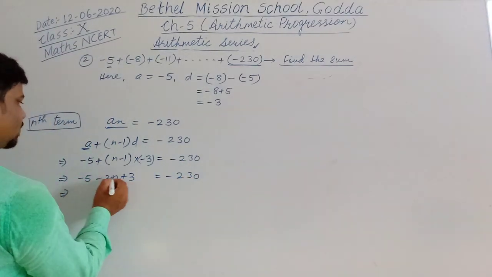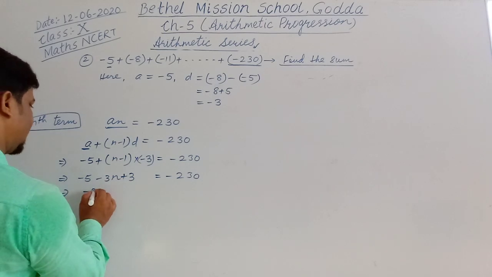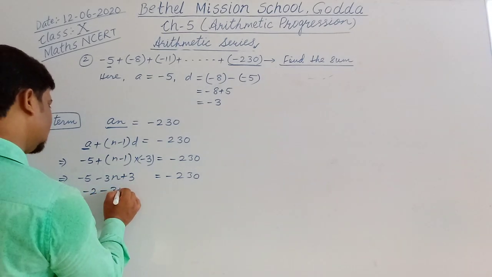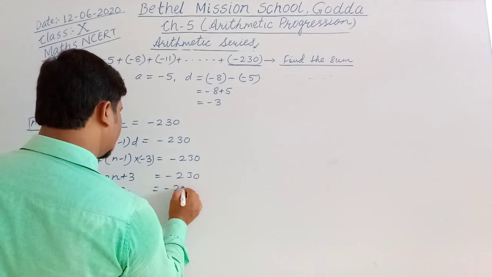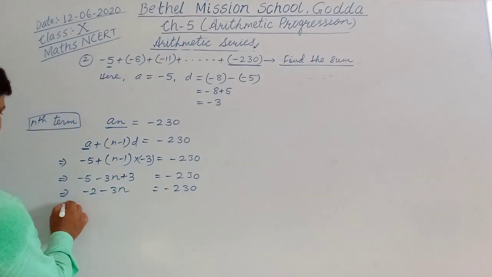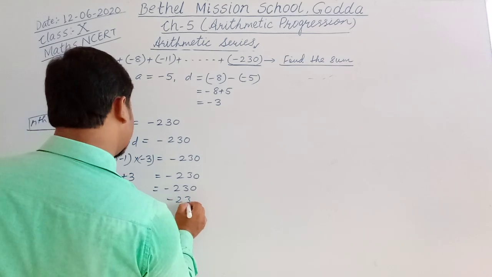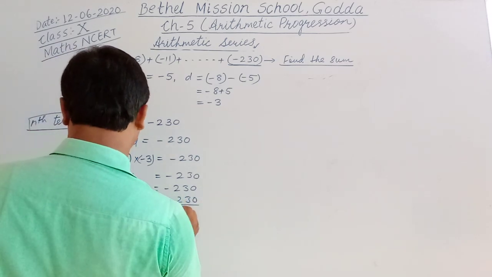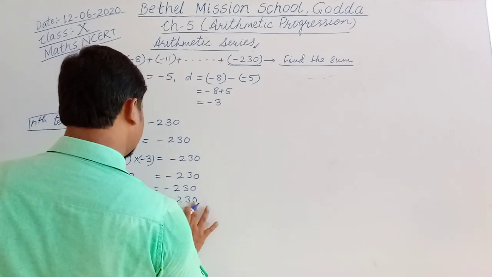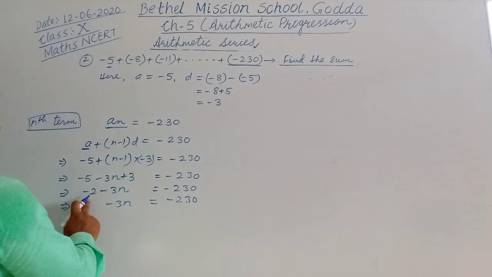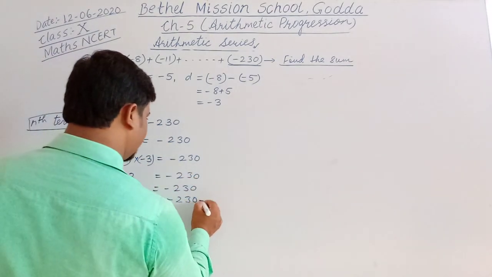Then -5 plus 3 is -2, so -2 minus 3n equal to -230. Then -3n equal to -230 plus 2, which is -228.